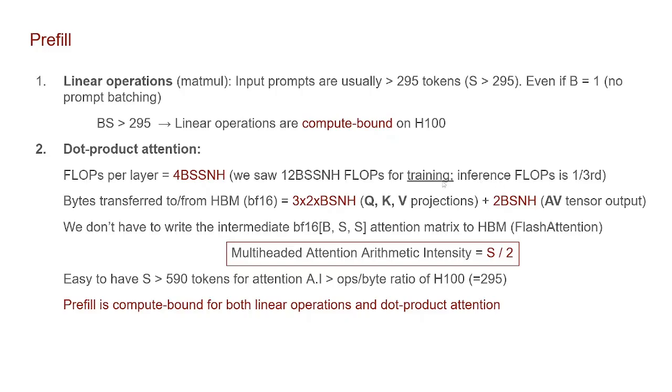Training is both forward and backward pass, and the backward pass was twice that of the forward pass. So inference being only the forward pass, it's 1/3 of this, which is 4 times BSS NH. Now the amount of bytes we are moving around to and from HBM, considering that everything is in BF16.